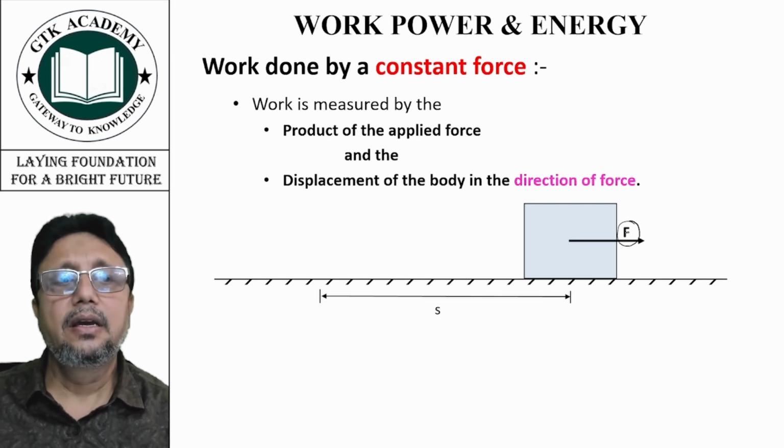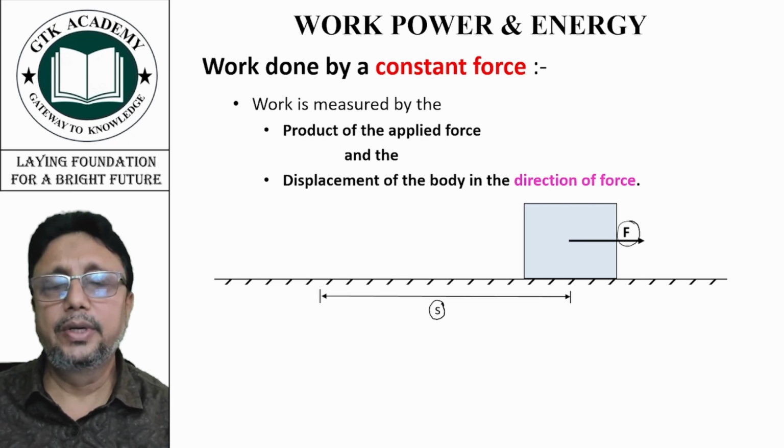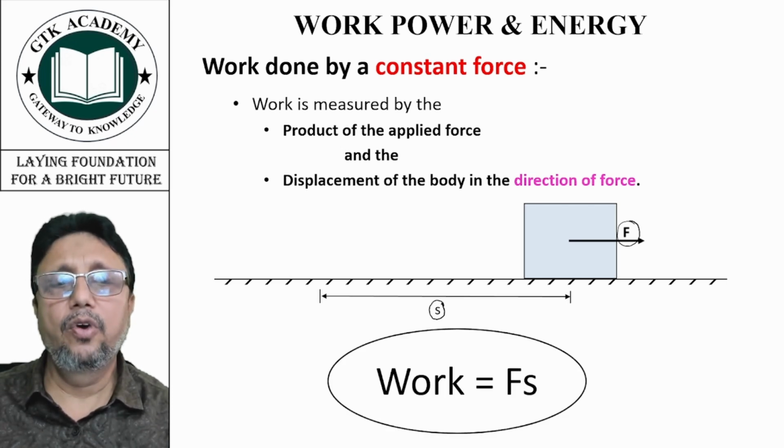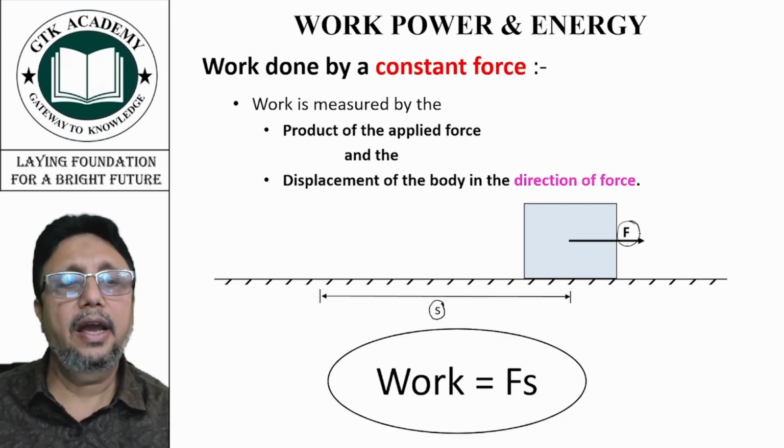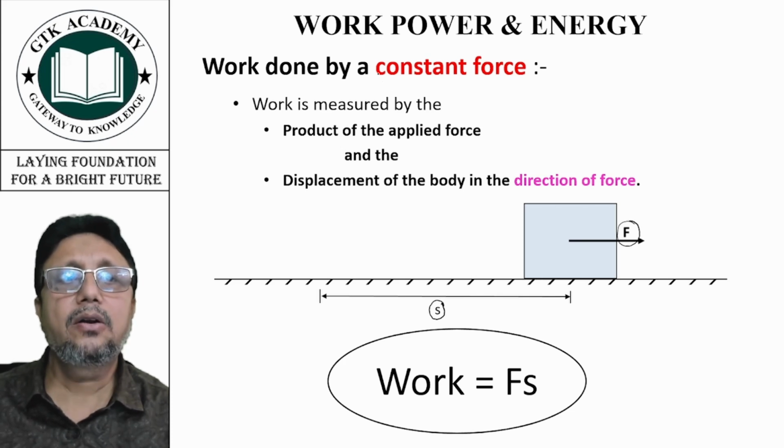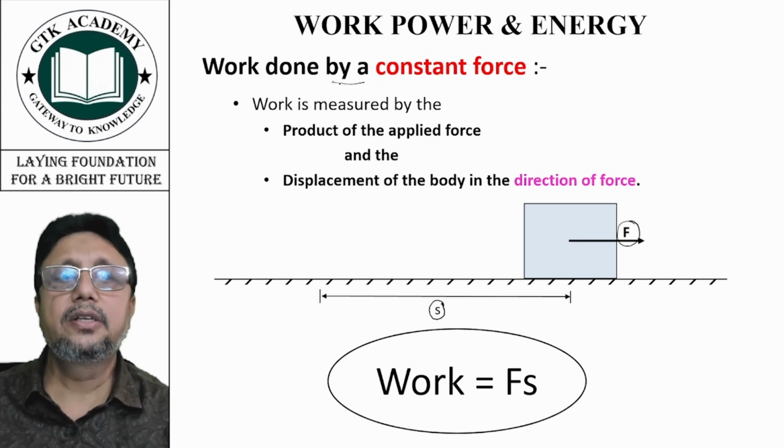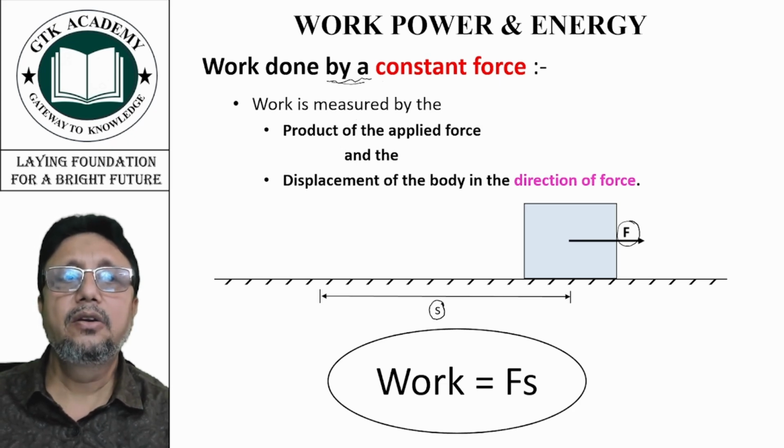That will be force into displacement of the body in the direction of force, which is S. So in this case, work is equal to F into S. Work done by the constant force. Please note this.